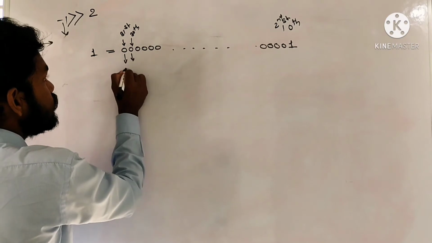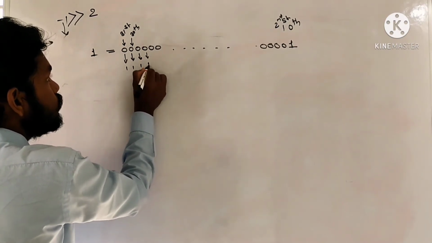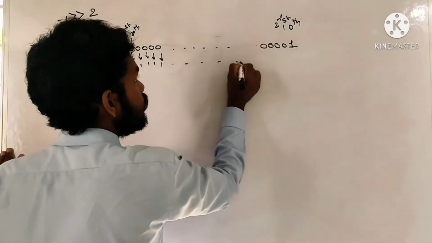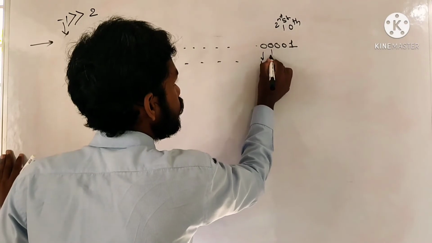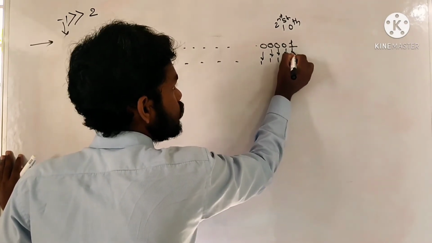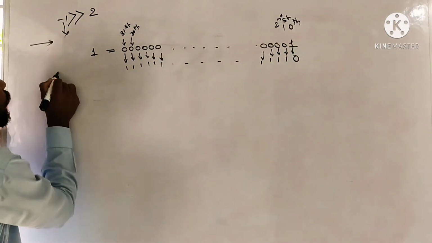1's complement means every single bit changes: the 0s change to 1s, and the 1 changes to 0. This is the 1's complement.